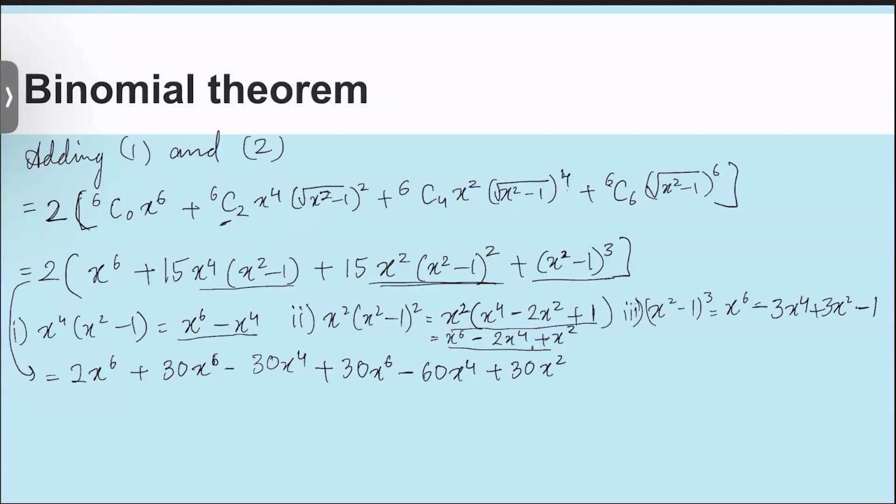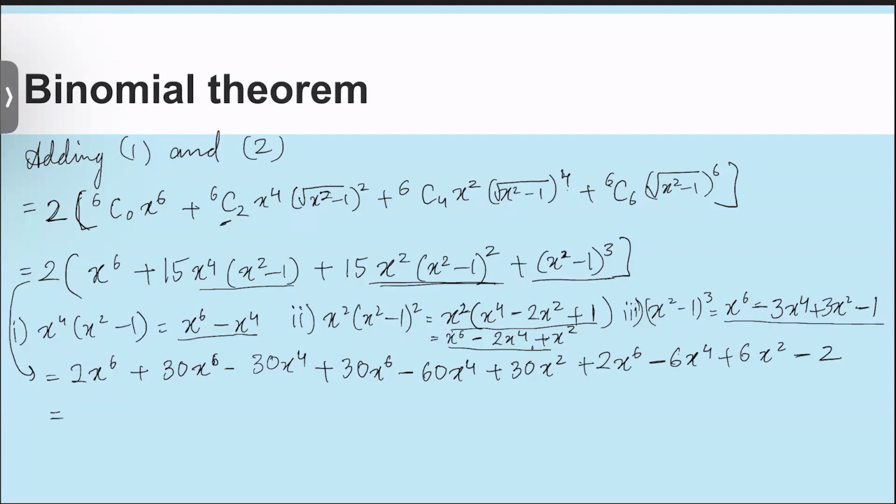And the last one, 2 will be multiplied with the entirety of this term. So you will have plus 2x raised to 6 minus 2 into 3 is 6x raised to 4 plus 2 into 3, 6x squared minus 2. Okay, so this is what we get.